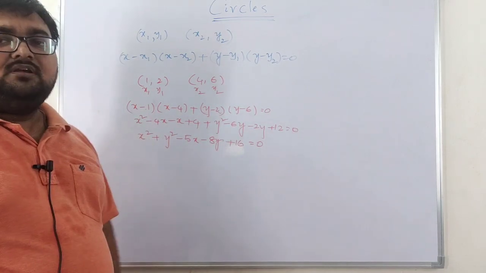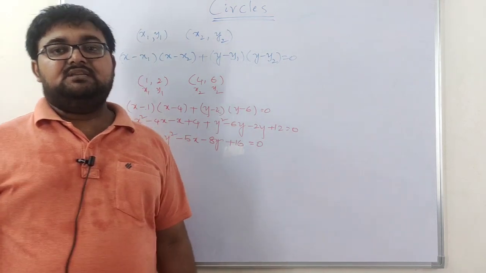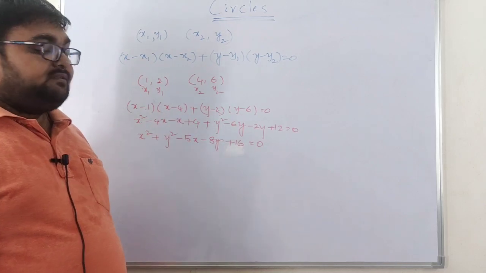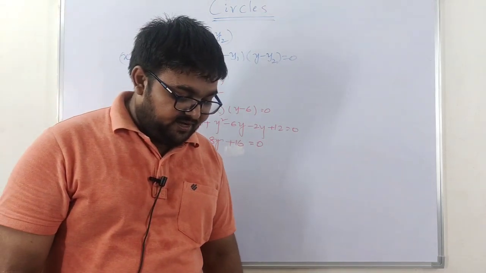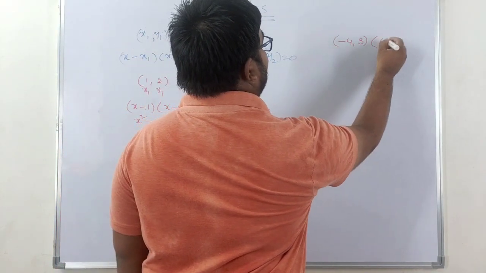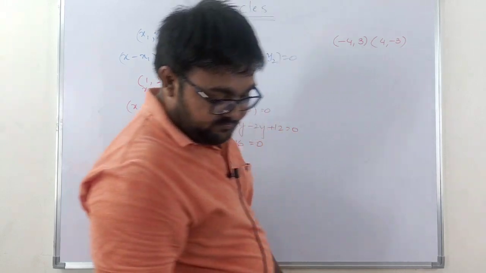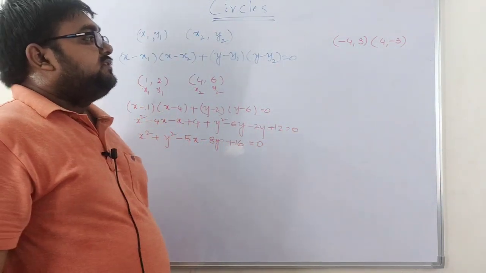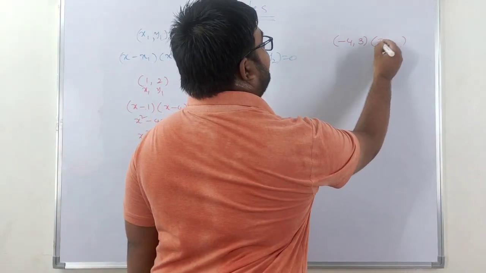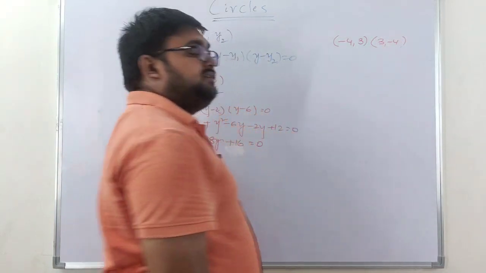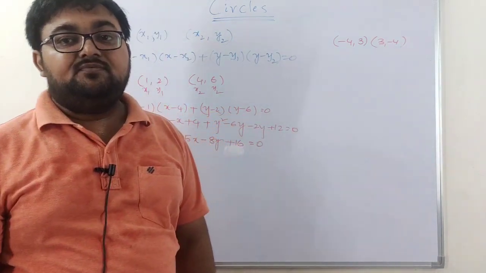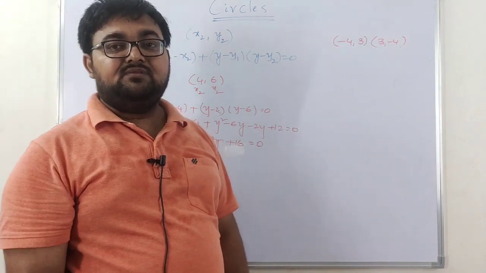So from this you can find out the center as well as the radius of the given circle, right? Here the main thing we need to be careful about is negative values. See, if the points are given as (-4, 3) and (3, -4), and the question says that these two are the endpoints of the diameter, then find the equation.